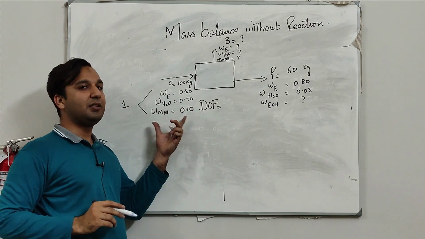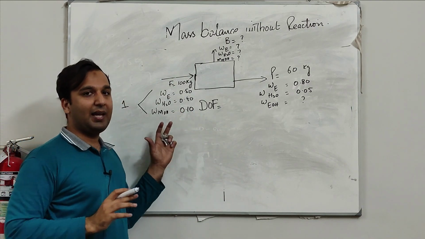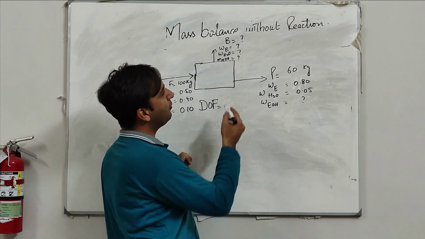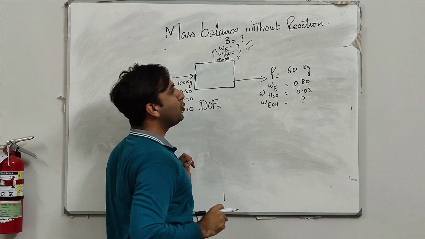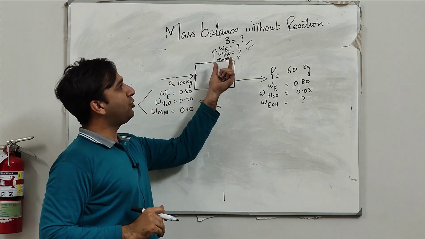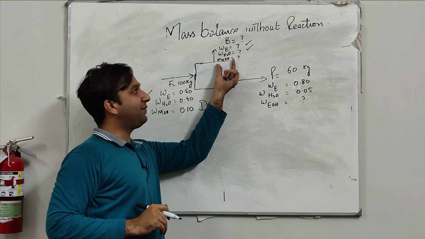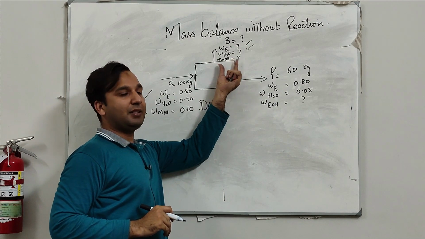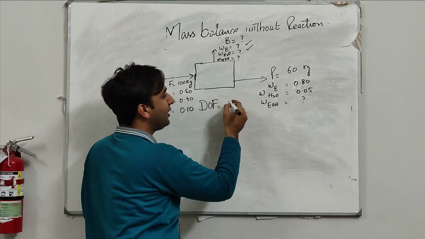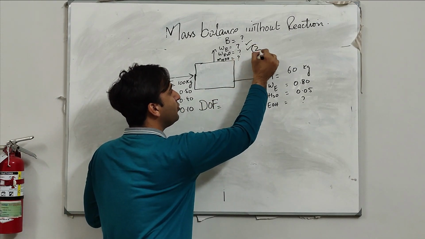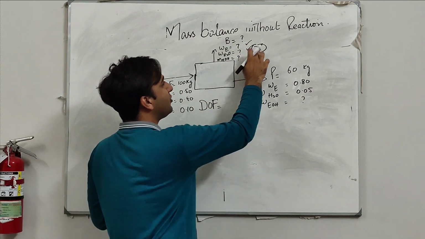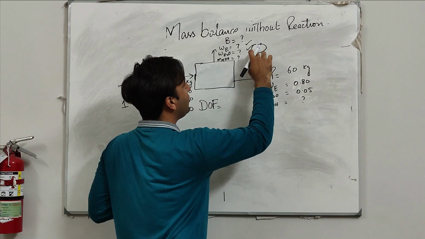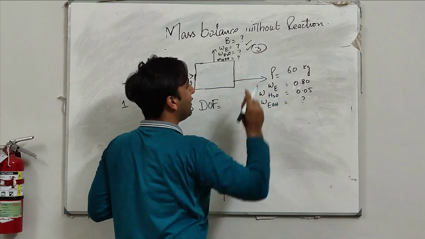So it is not a number of unknowns for us anymore. After this we will move here. So you need to find at least 2 weight fractions, to find the weight fraction of methanol. So now the number of unknowns here will be 2, and plus we also don't know the B, so the number of unknowns will become 3.